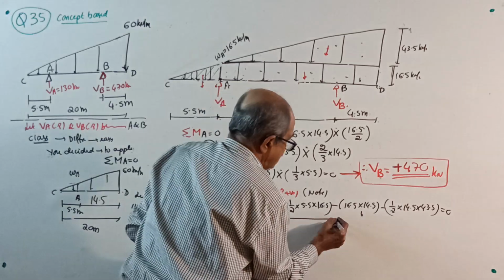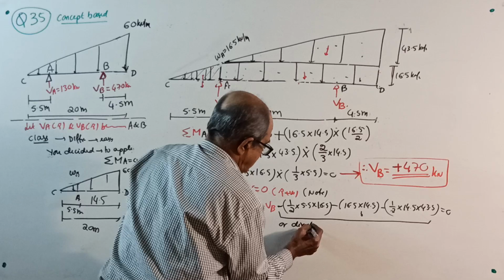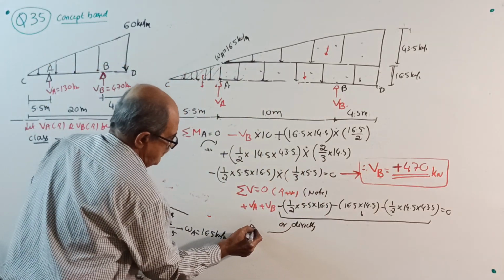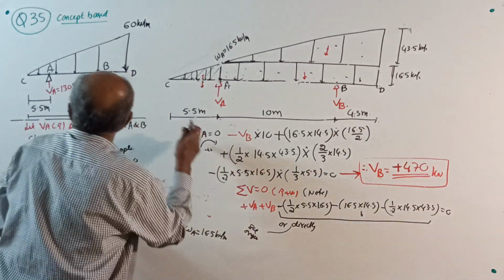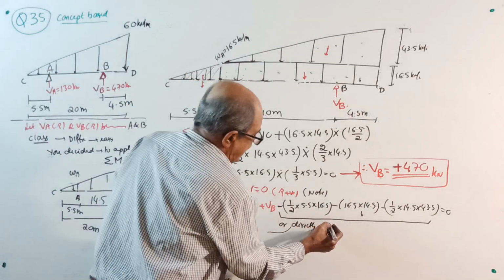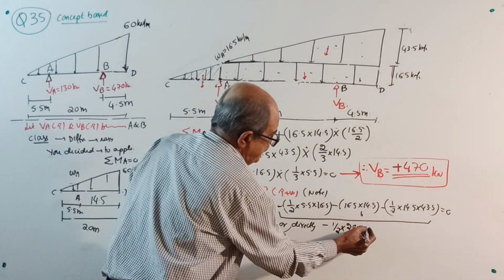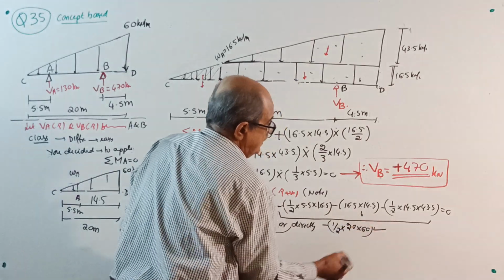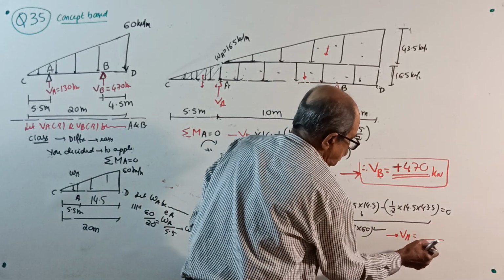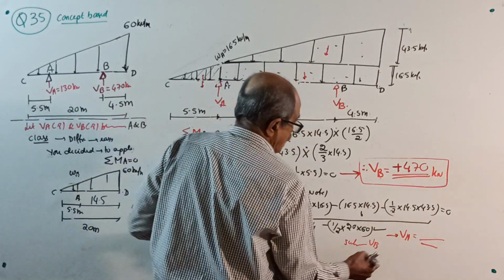Or directly, splitting is not required. See the original diagram. This total load you want, half into 20 into 60, or directly minus half into 20 into 60 also will do. This is easier, equal to 0. You get the value of VA. How? Substitute for VB. You write here. Substitute for VB, you get VA 130 kilonewton.